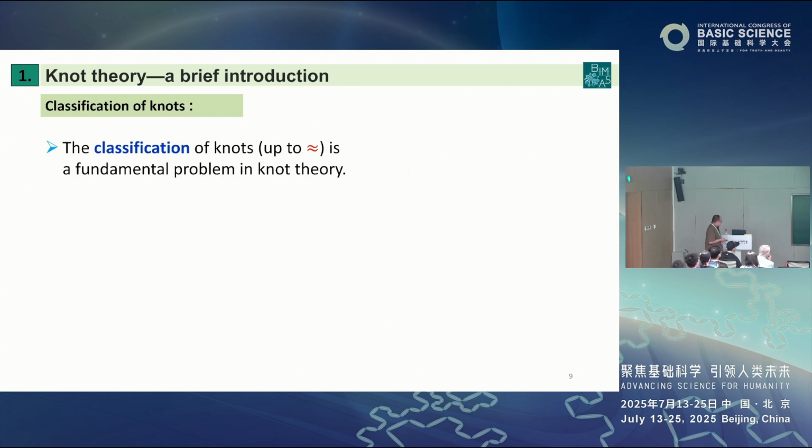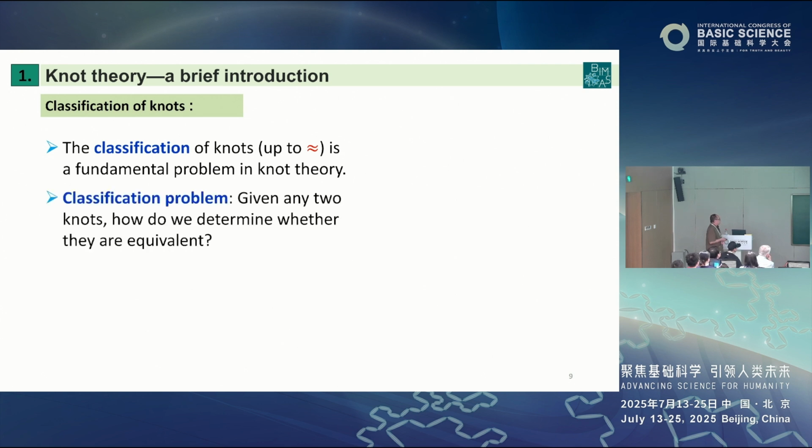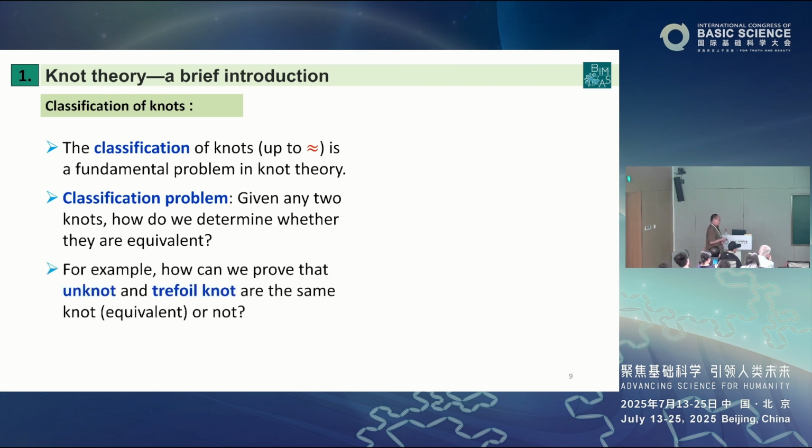The classification of knots up to equivalence is a fundamental problem in knot theory. So, given any two knots, how do we determine whether they are equivalent? For example, how can we prove the unknot and the trefoil knot are the same knot or not?